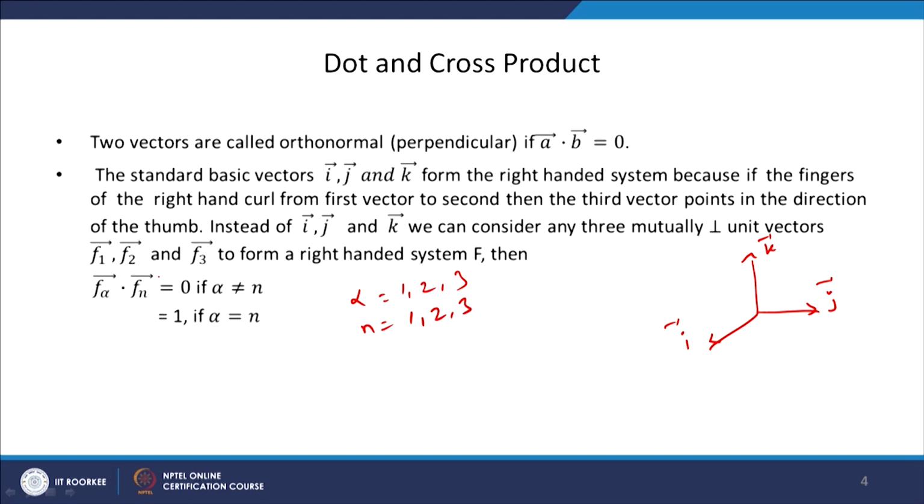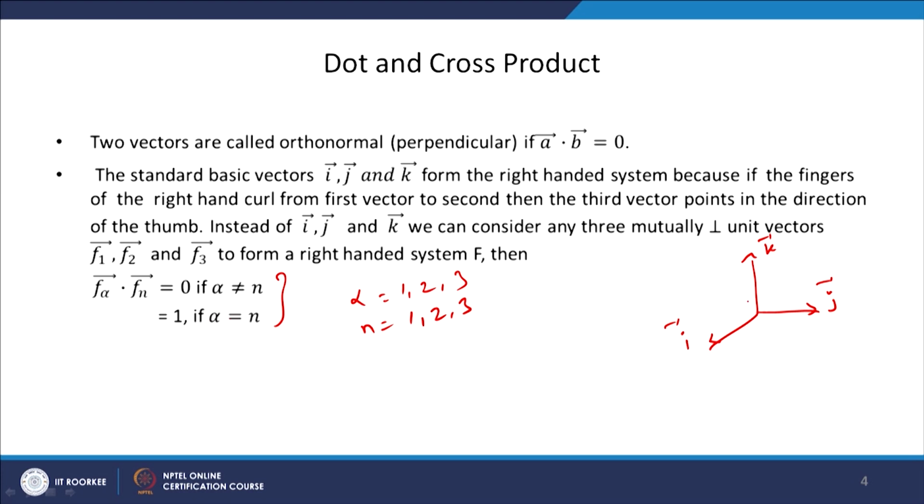So these three vectors satisfy these two conditions. It means if alpha is not equal to n, they are perpendicular to each other, and if alpha is n, the length of the vector is 1, that is indicated here.